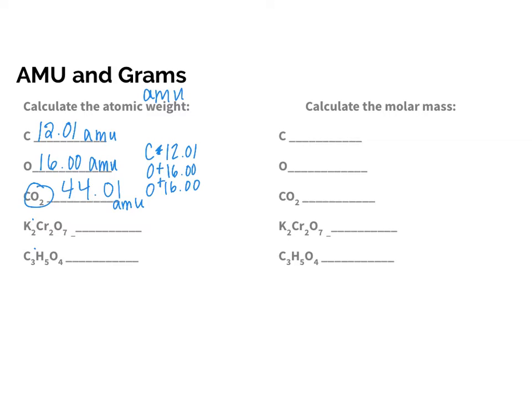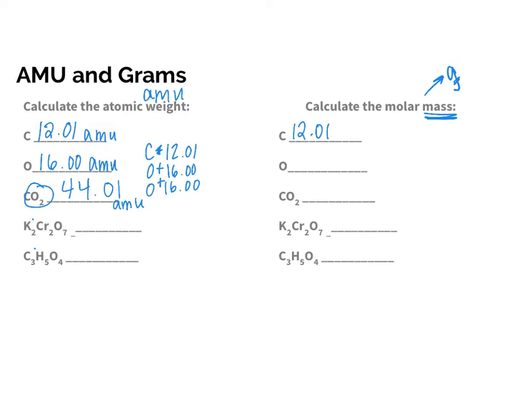As I said, scientists found out the relationship between atomic weight and molar mass. The molar mass is equal to 1 mole, or 6.02 times 10 to the 23rd atoms or molecules of the substance. So carbon is going to be 12.01, just like it was for the atomic weight. The only difference is that you measure molar mass in grams, because mass is what we measure with grams.